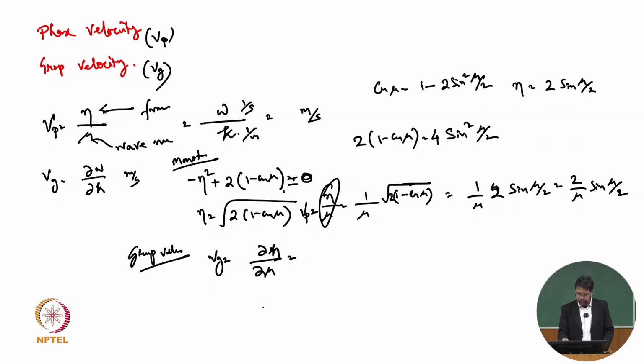So del eta by del mu will be 2 into cos mu by 2 into half, so it becomes cos mu by 2.